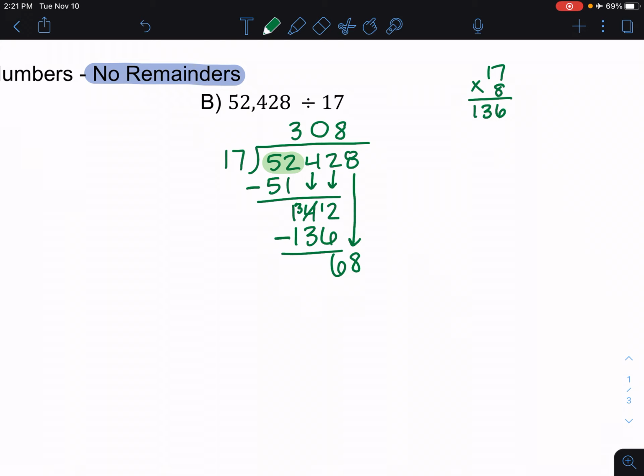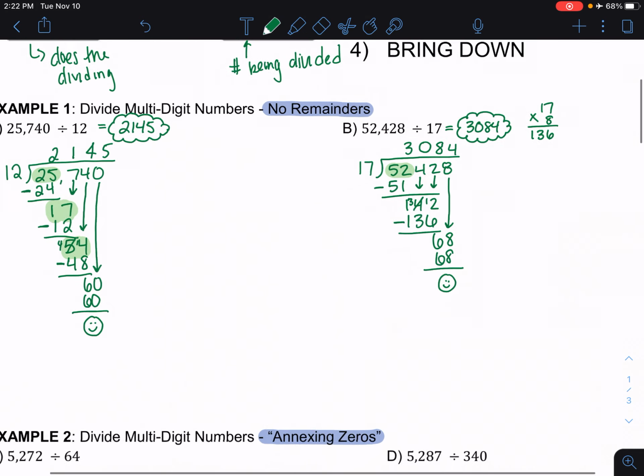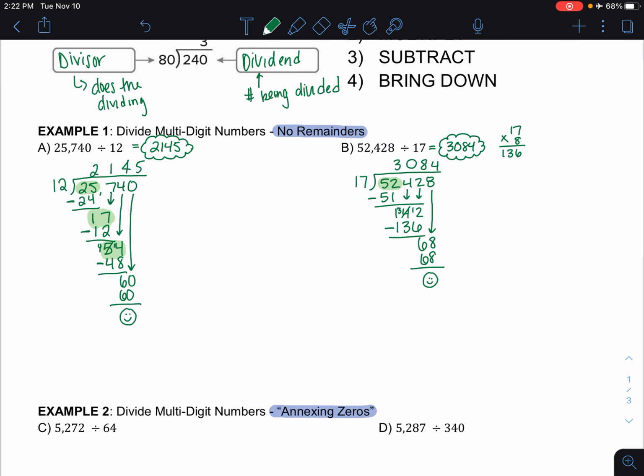If I look at my multiplication chart, 17 times 4 is 68. And I have no remainder. So 52,428 divided by 17 is 3,084. These are, again, problems with no remainder. So when you're finished with your division, you're going to have that nice smiley face down at the bottom, nice whole number answers.